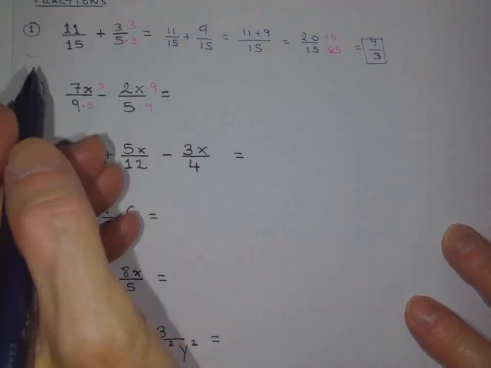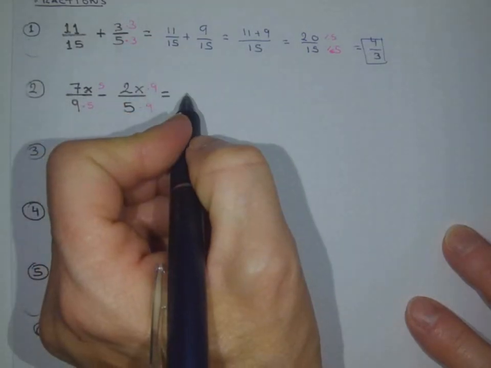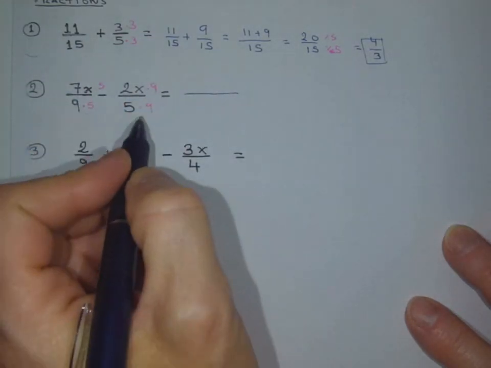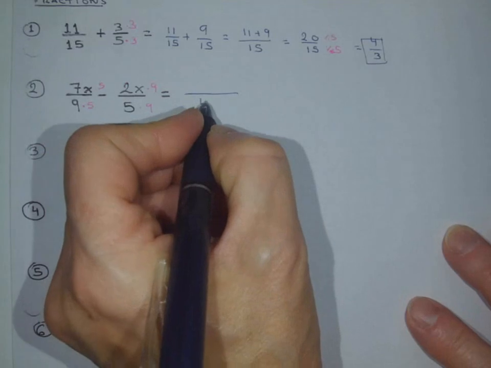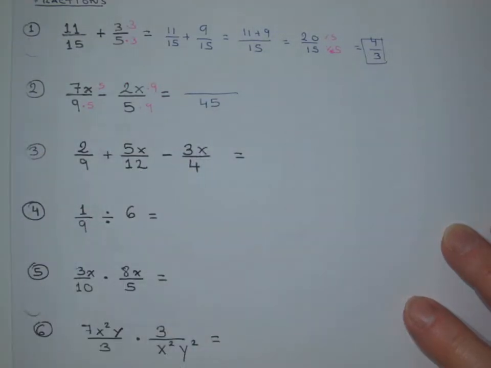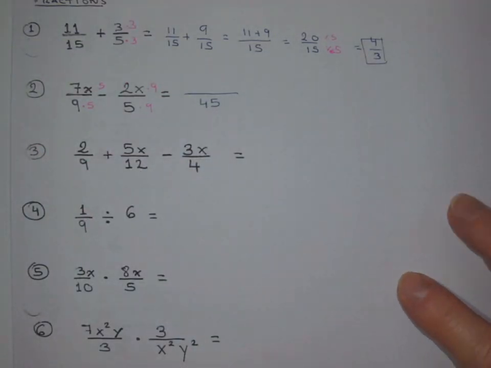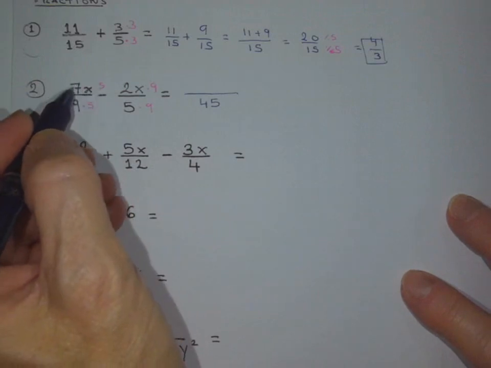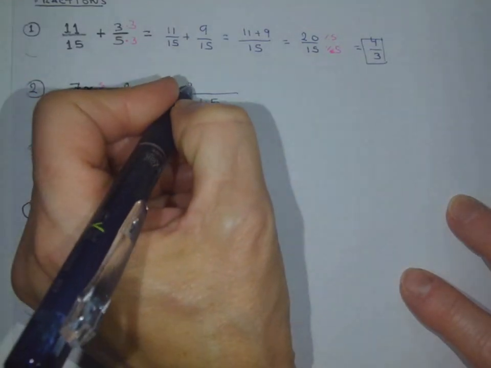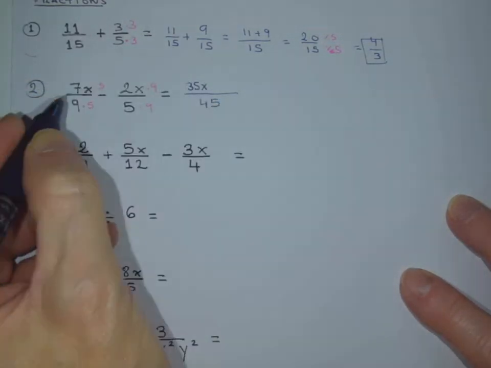So why do I do it? Because now I have a 45 in this denominator and a 45 in this one, and because they're common, I can just write it as one single one. Alright, so 5 times 7 is 35. Don't forget your x there, right?